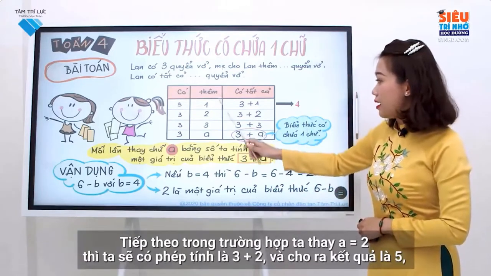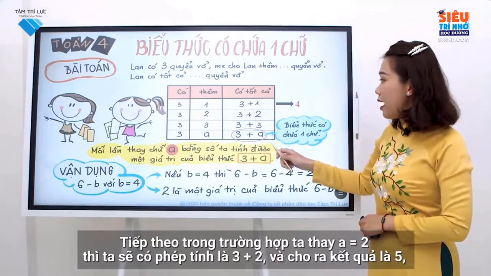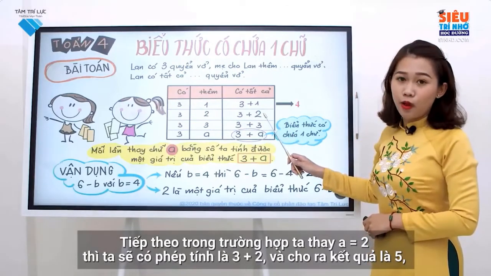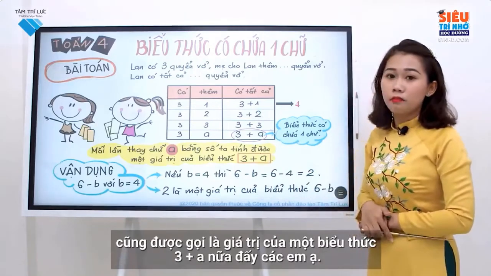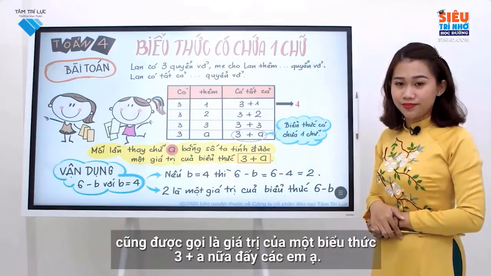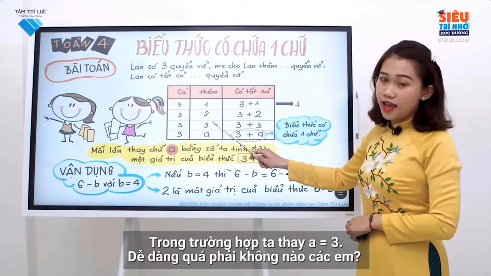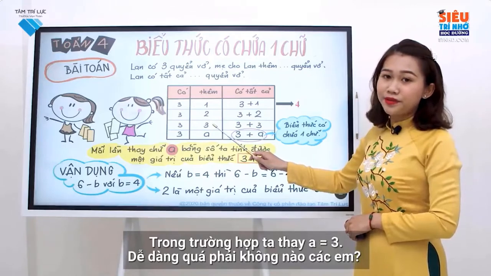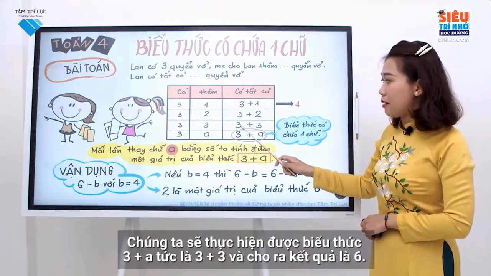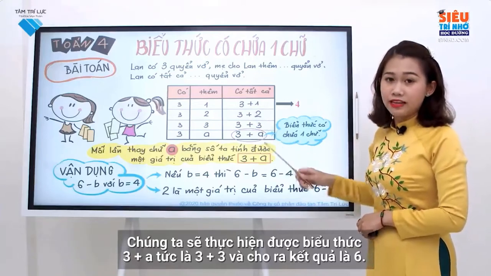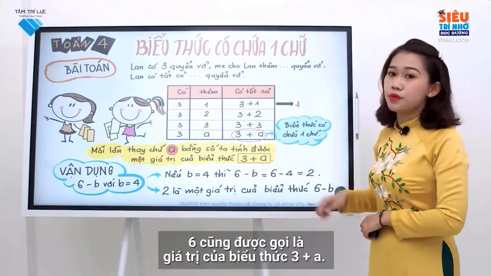Next, when we replace a by 2, we will have an addition of 3 plus 2 equals 5, which is also called the value of the expression 3 plus a. In this case, we replace a by 3. It's so easy, isn't it? We have the expression 3 plus a means 3 plus 3 equals 6. 6 is also called the value of the expression 3 plus a.